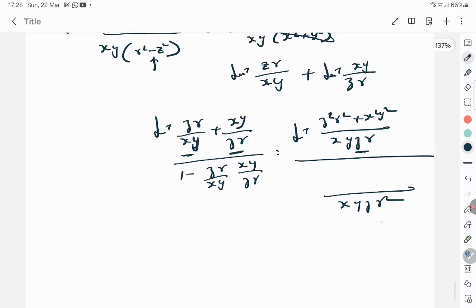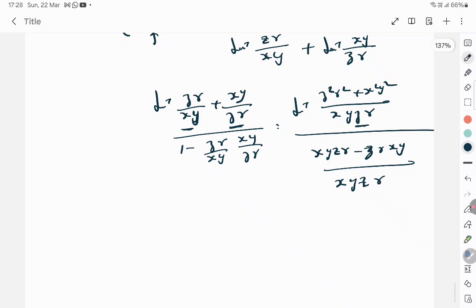So here is xyzr. Oh, there's no r square here. That's just xyzr. So here I'll get xyzr minus zrxy.